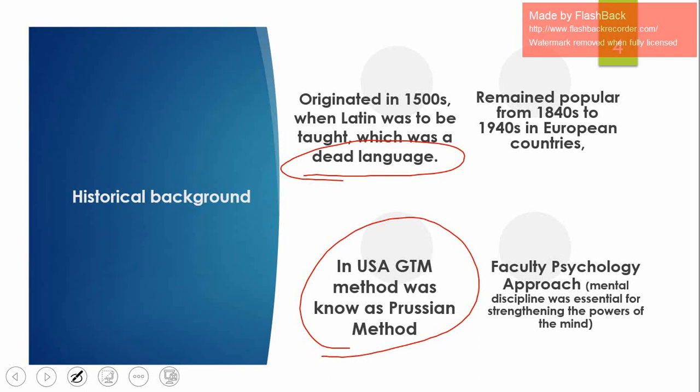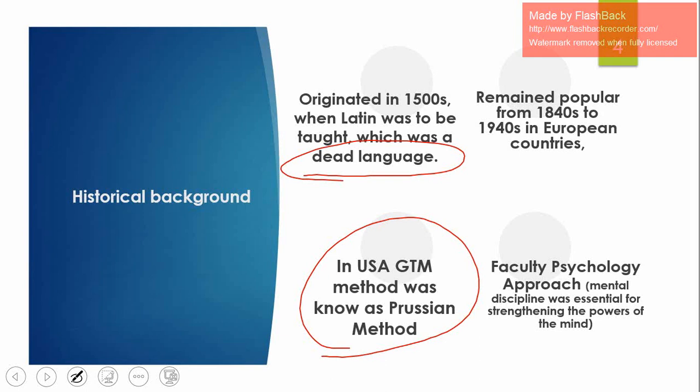So this method was basically to strengthen your mind with the wisdom of Latin and Greek, because the basic aim was to teach you about the philosophies and knowledge of the Latin and Greek, not to teach you the language, but about the language, so you can translate it.